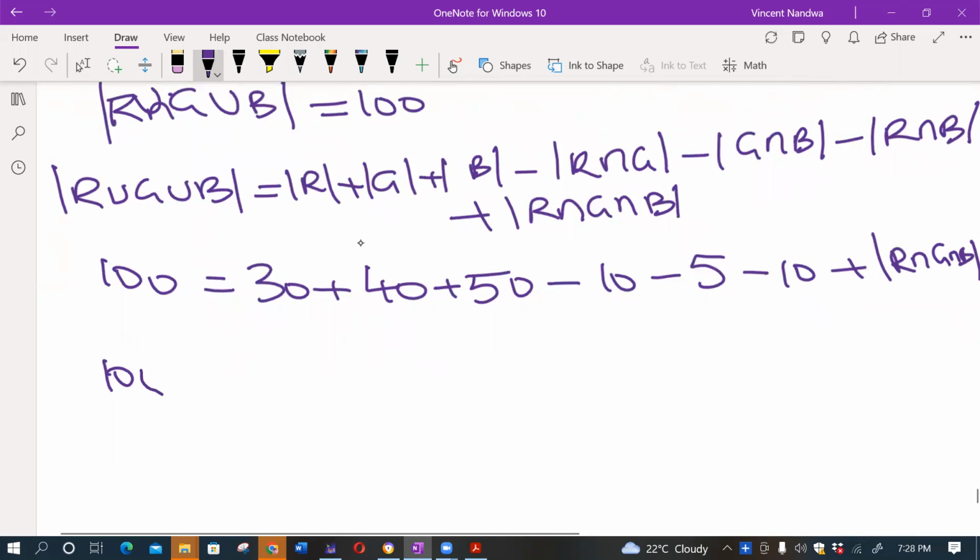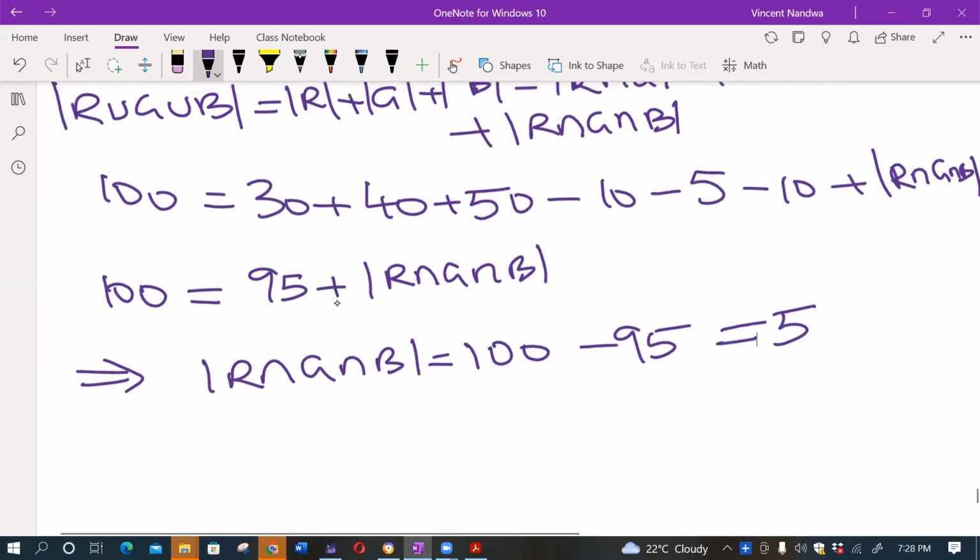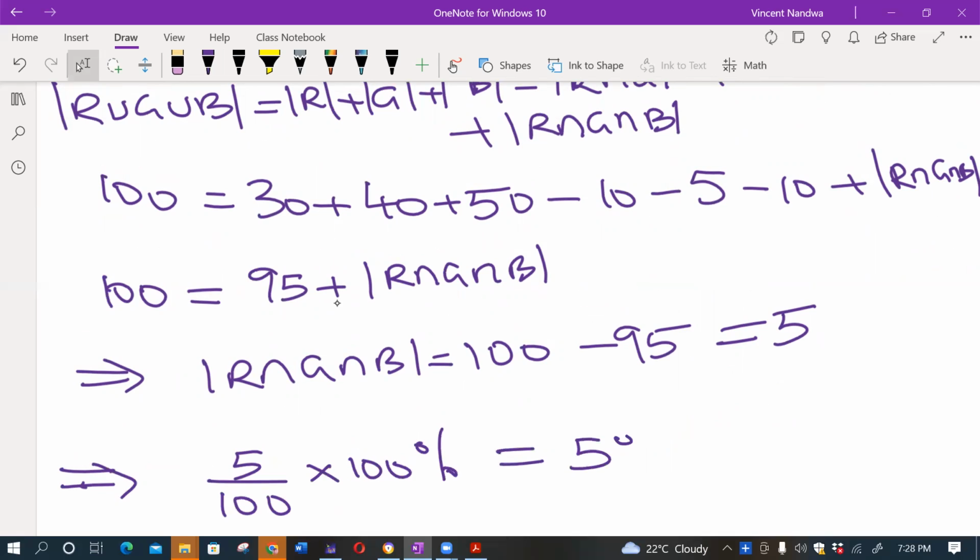So 100 equals 30 plus 40 plus 50 minus 10 minus 5 minus 10, which is 95, plus R intersect G intersect B. So R intersect G intersect B will be 100 minus 95, which gives us 5. So in terms of percent, it is 5 over the total we picked, 100, times 100%, which is 5%.